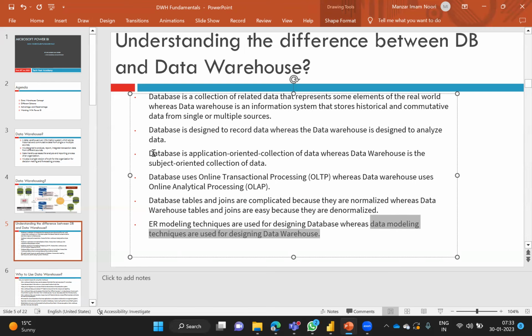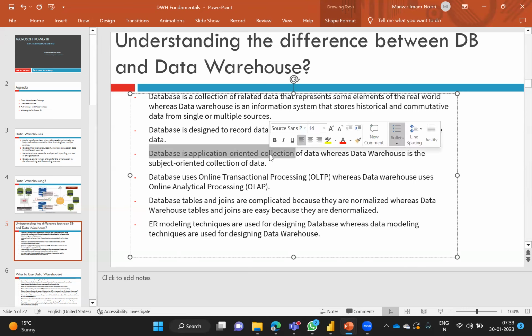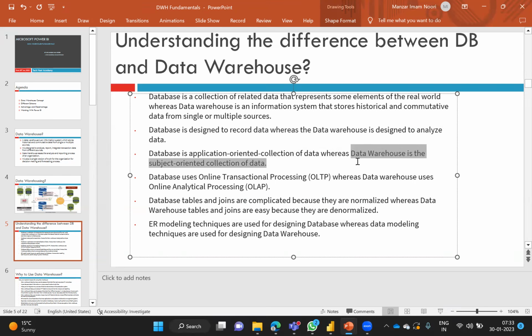Okay. So here the database is application oriented, right? Database is application oriented, and the data warehouse is subject oriented. So what does that mean? Application oriented: you have one application, say a ticket booking application, right?